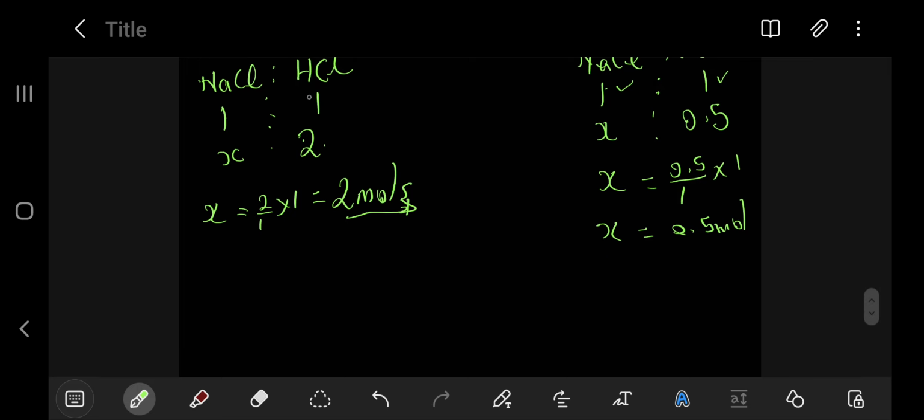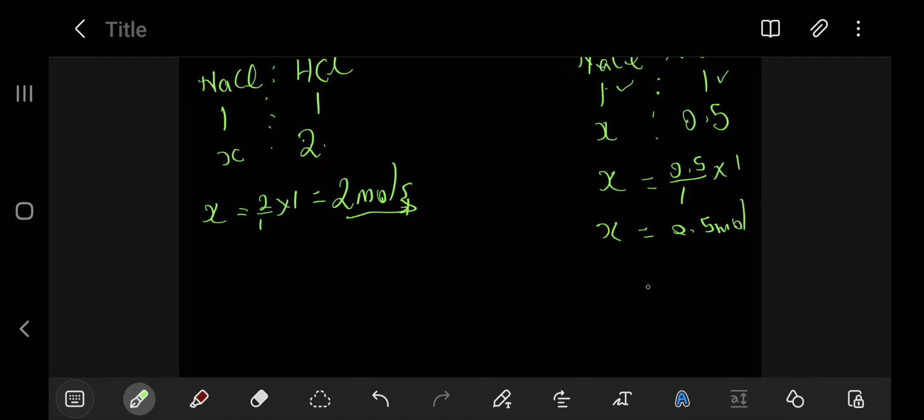The amount of moles that we have of the hydrochloric acid can produce 2 moles of sodium chloride, right? But the number of moles of sodium chloride that can be produced by the sodium hydroxide is 0.5.